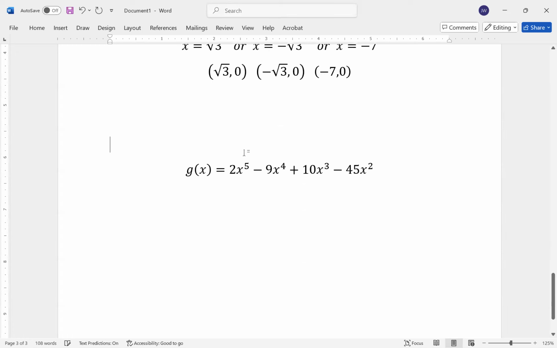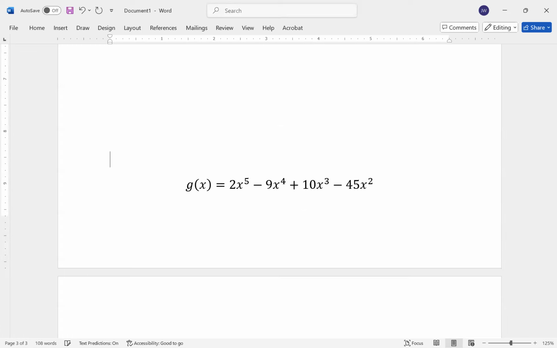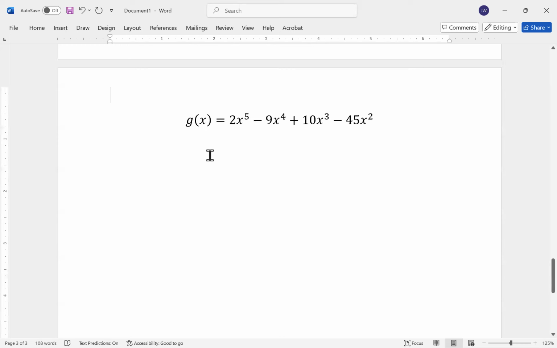Let's take a look at the next function, g of x. And let's set the output there equal to 0 in order to find my x-intercepts.